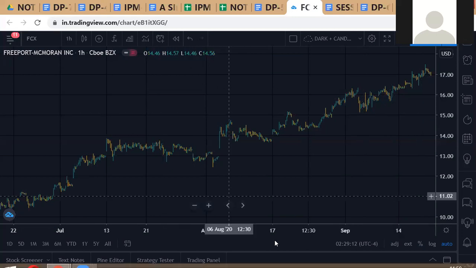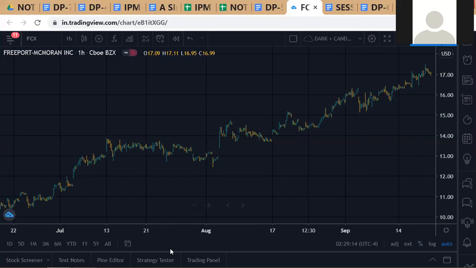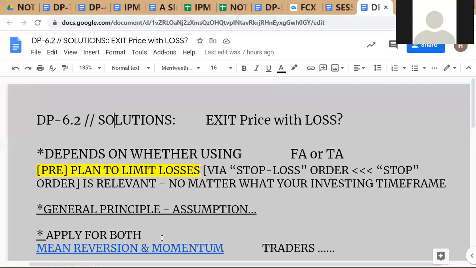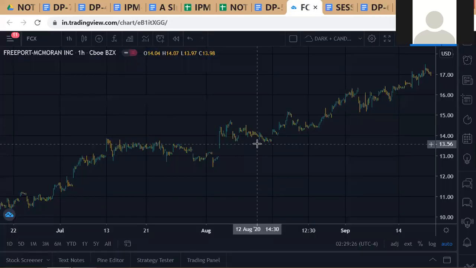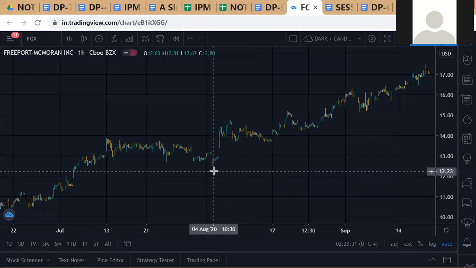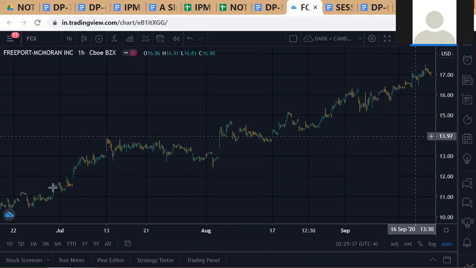Now, the question is, what is the question we're dealing with? We are dealing with DP 6.2. From the rules that we have given, let's take the case of a momentum trader. First we look at the trading time frame, and we see an uptrend.